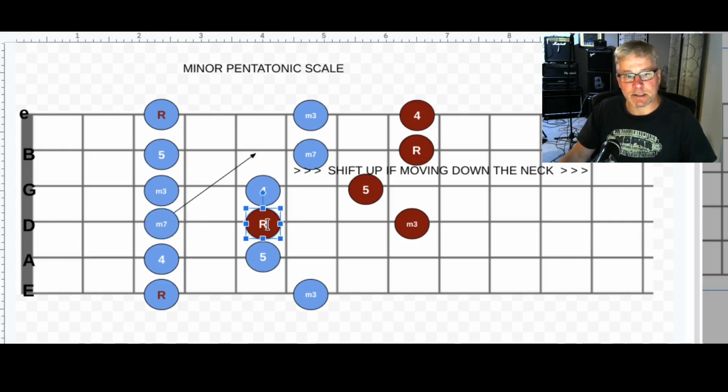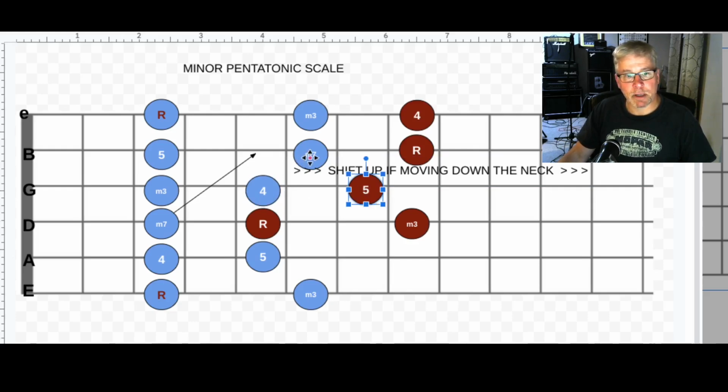As you can see, 3 frets to the right of the root is that same minor third. It's an octave higher, but it's the same note. Just above the root note, we have our perfect fourth, which is the same repetition of this K pattern. 2 frets over is that perfect fifth.